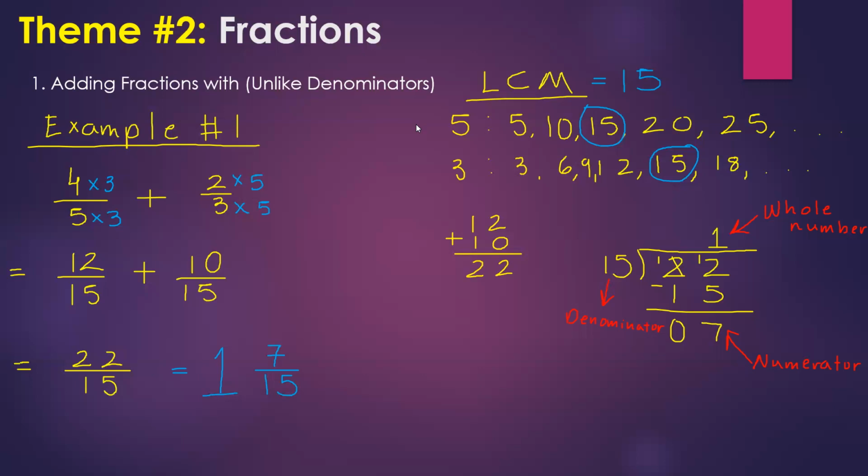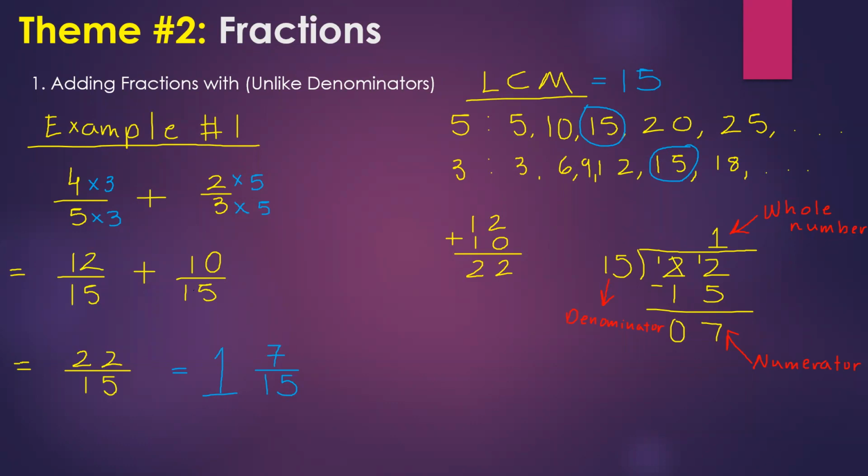And then we set it up as a fraction, 22 over 15. And then we divide 22 by 15, which is 1, but we have a remainder, which is 7. So 1 will be our whole number, and then our fraction will be 7 over 15. Very good explanation, Taya.